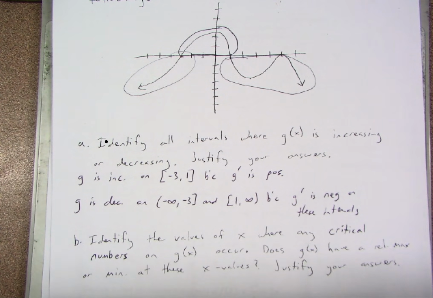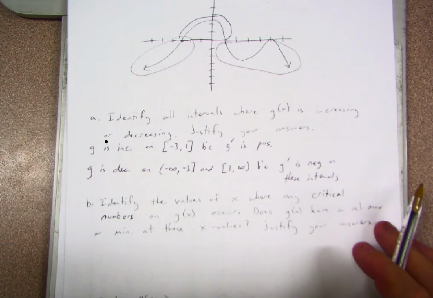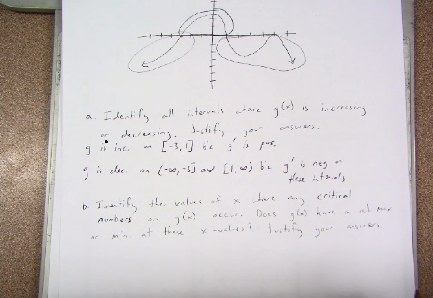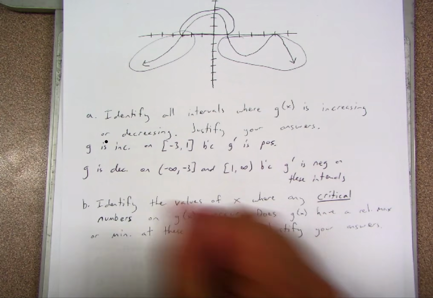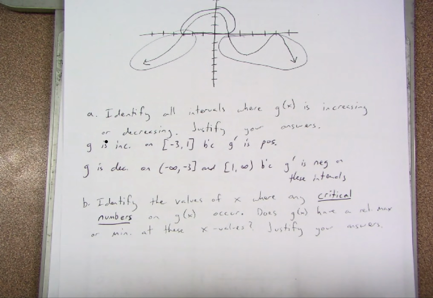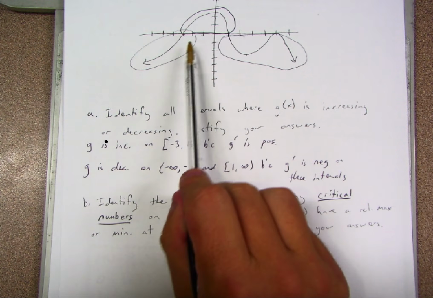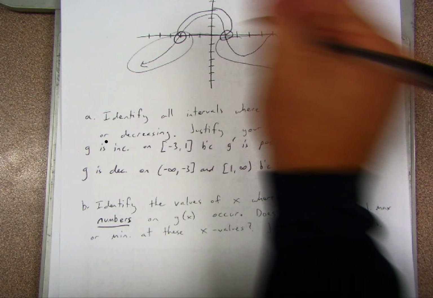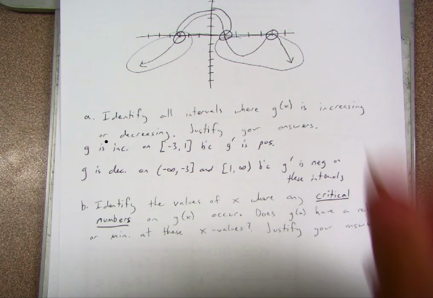B says, identify the values of x where any critical numbers on G occur. So I'm going to start there. Critical numbers of G are where G prime is 0 or undefined. Where G prime, where this graph is 0, boom, boom, boom.